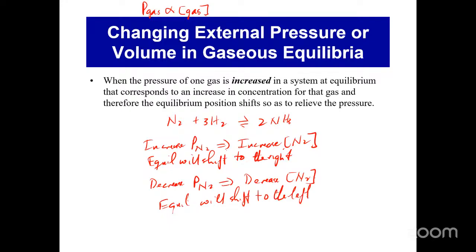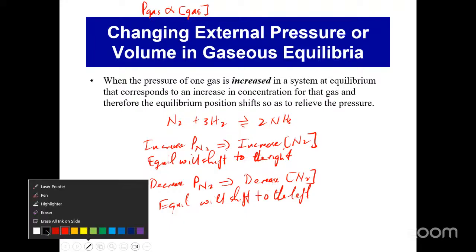So the concentration of ammonia will decrease while the concentration of nitrogen and hydrogen will increase. That's how you rationalize the changes that take place when you change the pressure of only one gas in the system. Because the concentration of the gas is directly proportional to the pressure, once you change the pressure, you change the concentration of the gas correspondingly, and therefore you can explain how the system will respond. So that's what happens if you change the pressure of one gas.